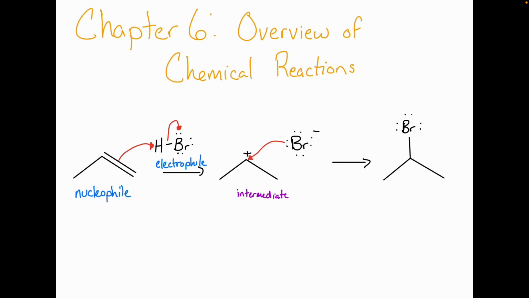In particular, the nucleophilic site on this molecule would specifically be that double bond that's at the base of my arrow, and the electrophilic site is the thing that's being hit with the arrow, my hydrogen.